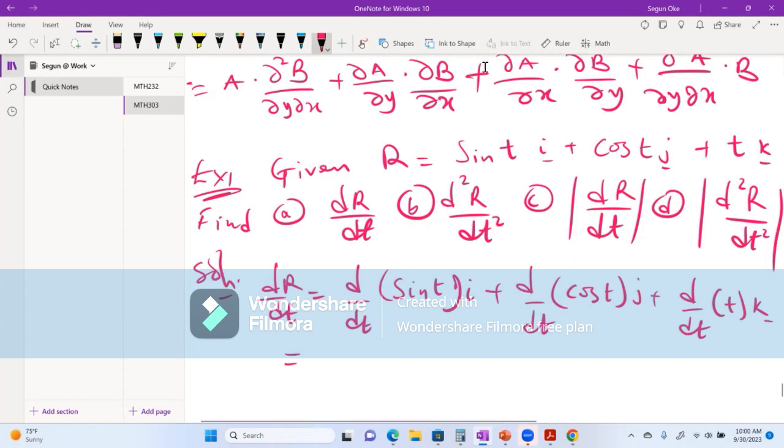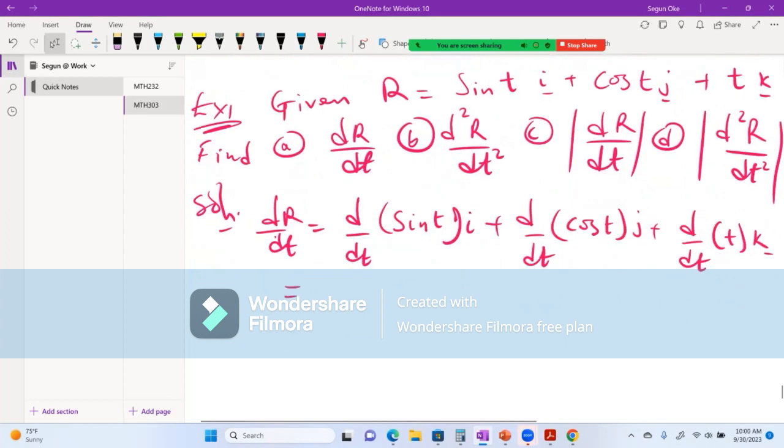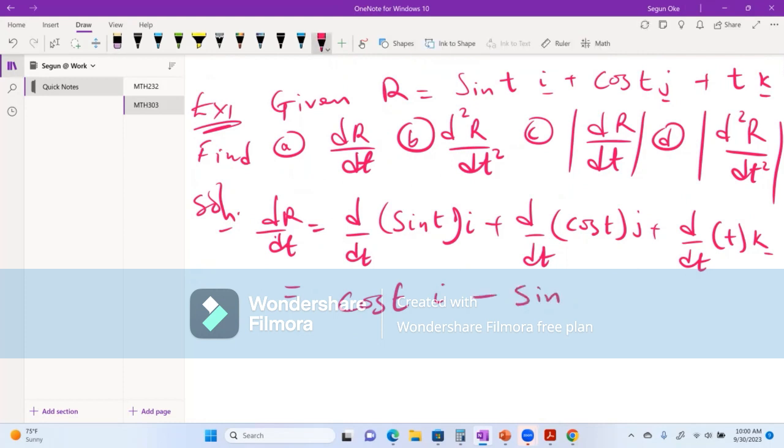Calculus student. When you differentiate sine, what do you have? You have cos. Cos t I. When you differentiate cos, what do you have? Minus sine. Minus sine J. And when you differentiate t, what do you have? You have 1.